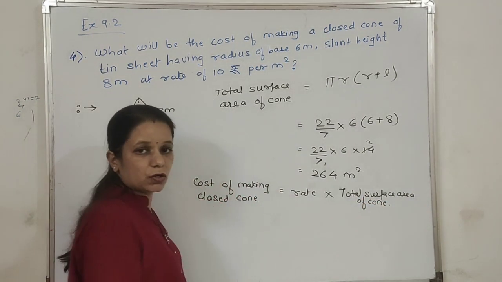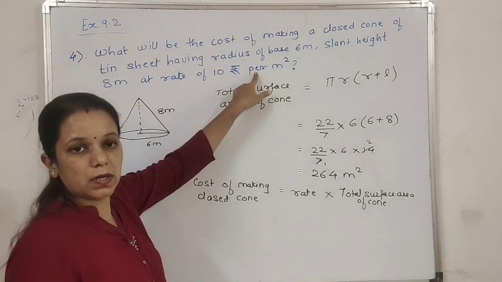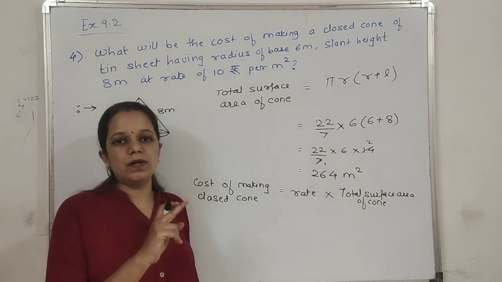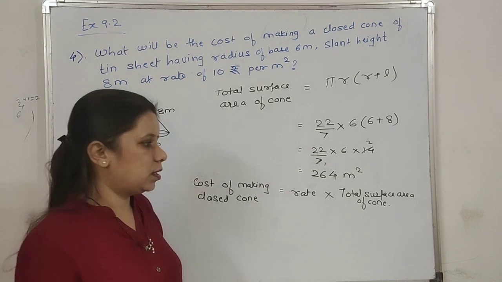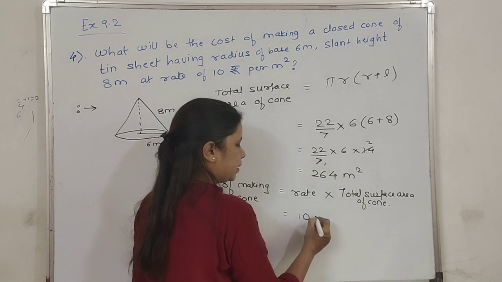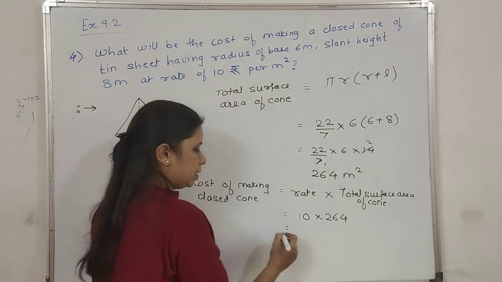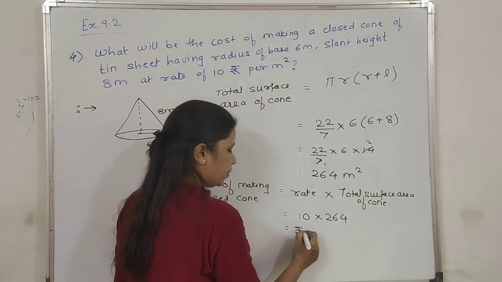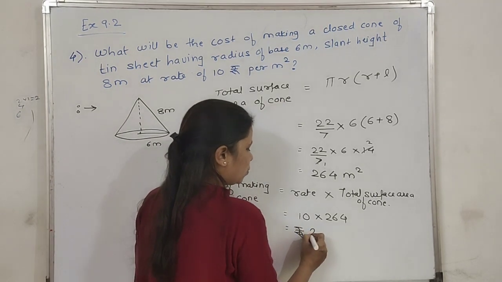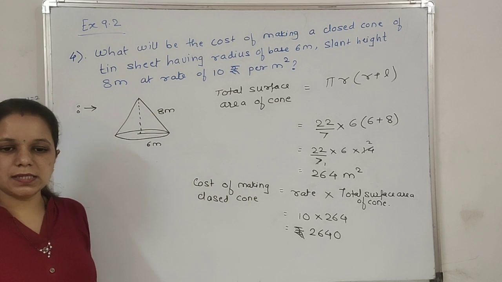Very easy calculation. The rate is given 10 rupees per meter square, means for 1 meter square you will require 10 rupees. So we have 264 meters square. So it will be 10 into 264 and that will be rupees. The rate will be in rupees. Cost will be in rupees. 2640. Very easy calculation.